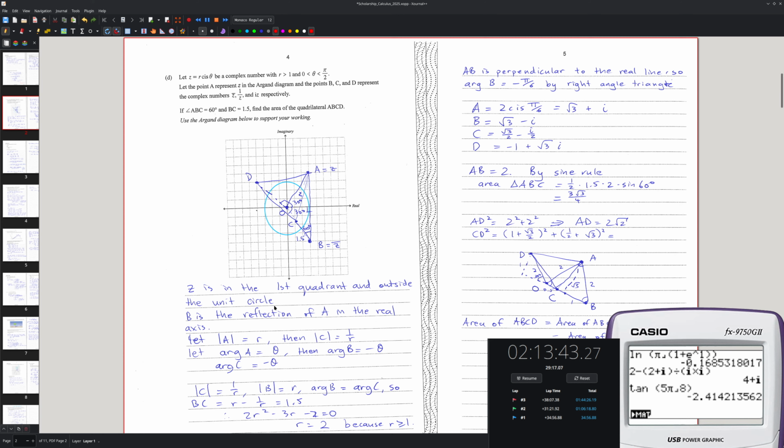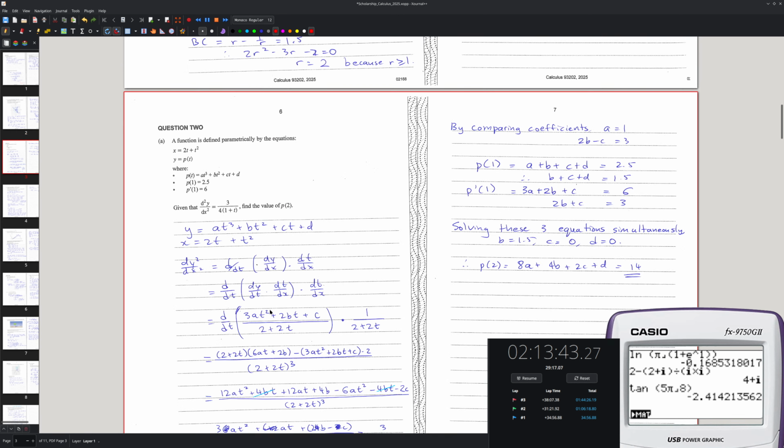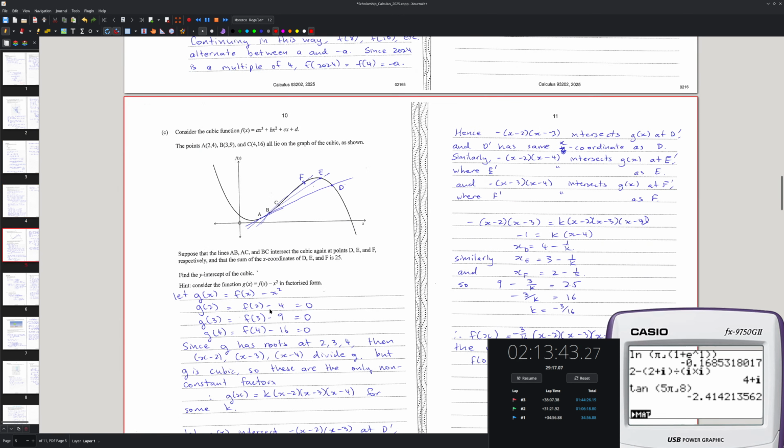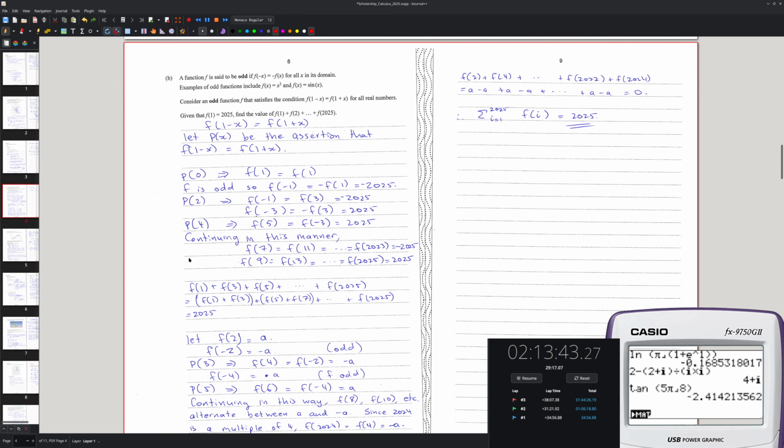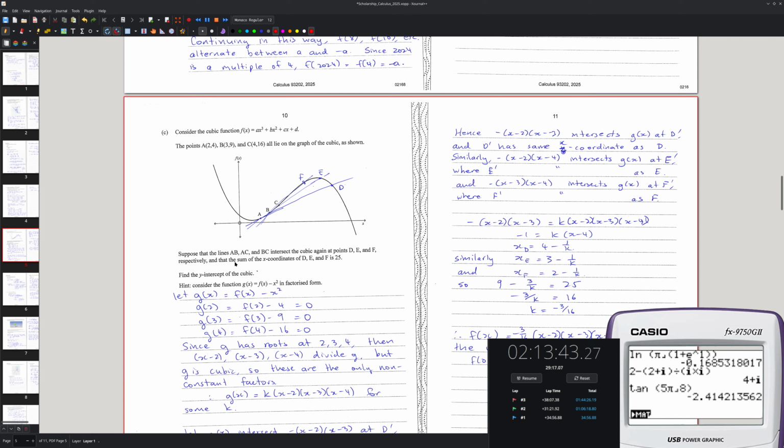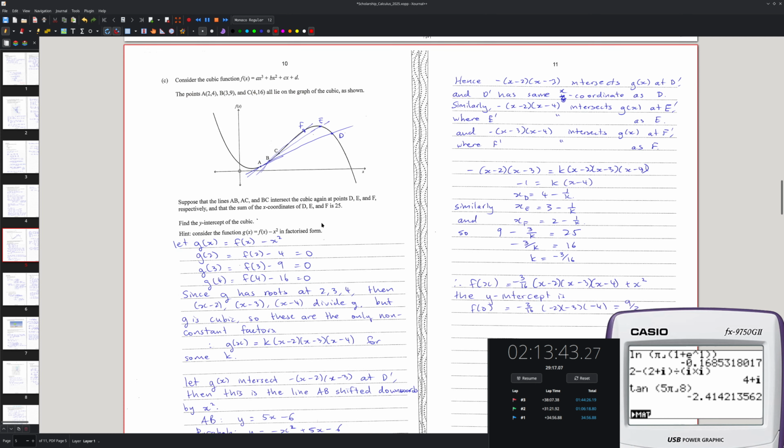There's nothing hard to understand in the question. You can plot Z bar 1 on Z and iZ reasonably easily, and then it's just geometry. It just takes time. Then 2C, they basically tell you how to do it. If there wasn't the hint, 2C would be pretty tough.